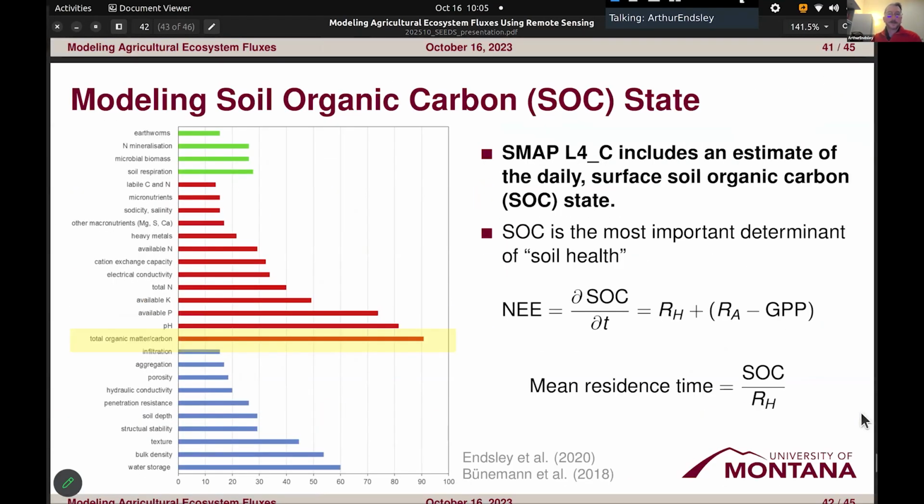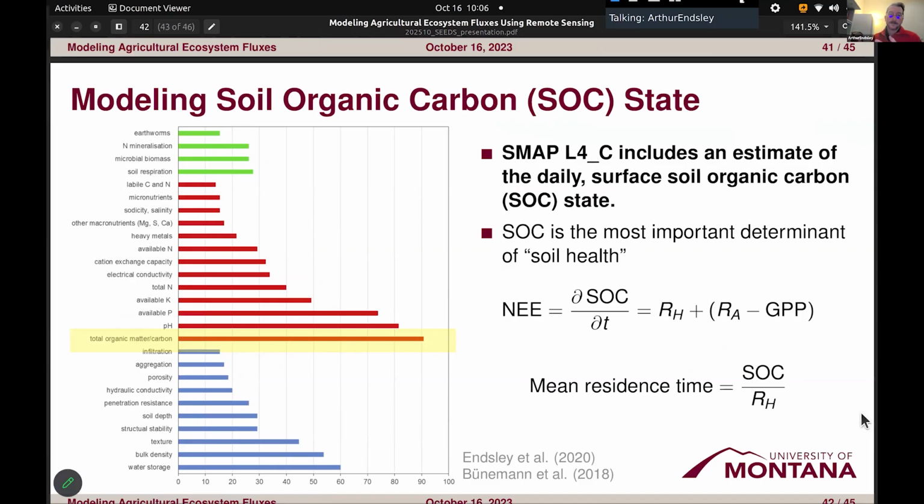And one other thing that we can do with the Level 4 carbon product is estimate the soil organic carbon state, which is the most important determinant of soil health. We get soil organic carbon because we're computing a full daily carbon budget. We're accounting not just for that productivity flux, the flux of carbon into terrestrial ecosystems, but we're also calculating the respiratory flux of carbon leaving these ecosystems.